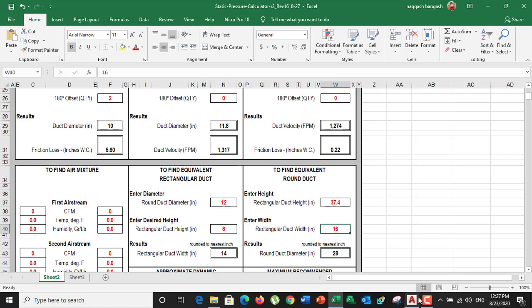And the width will be 400 divided by 25.4, which is 15.74. So your duct diameter is 27 inches.